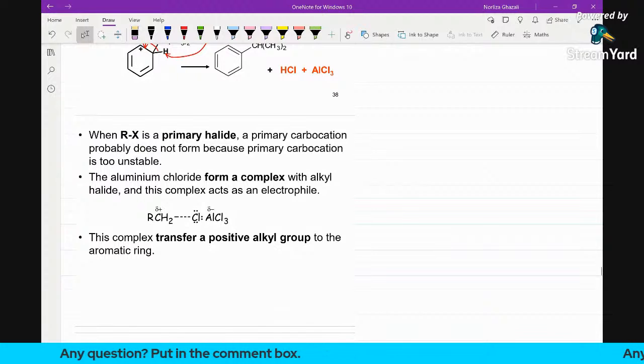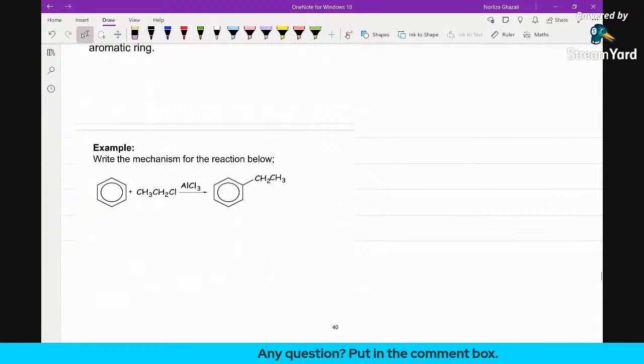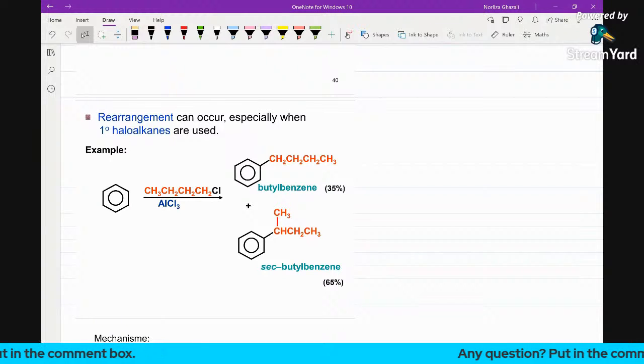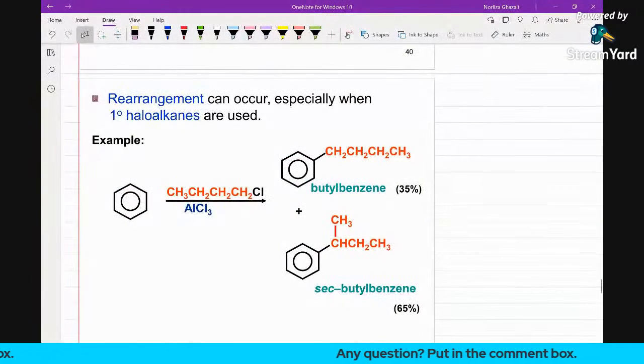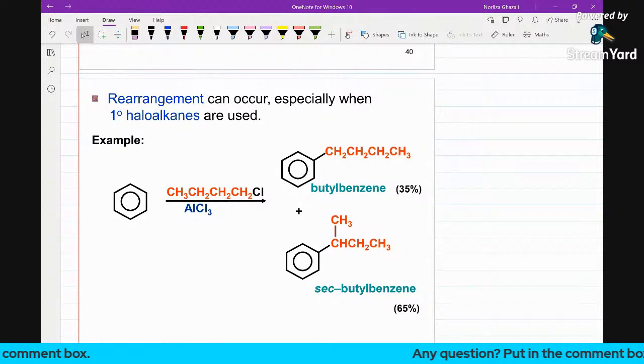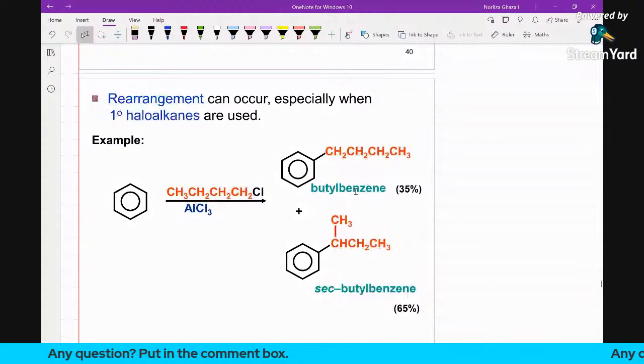Okay, and then remember in this reaction R sometimes can do rearrangement. So when we use a primary haloalkane, better we check. Be careful, maybe there is rearrangement. So in this reaction we have butyl benzene and butyl benzene.